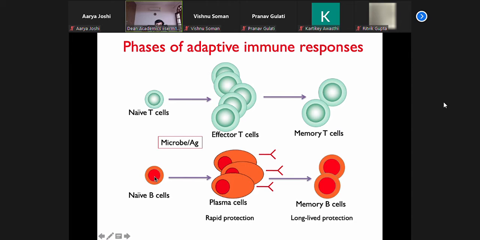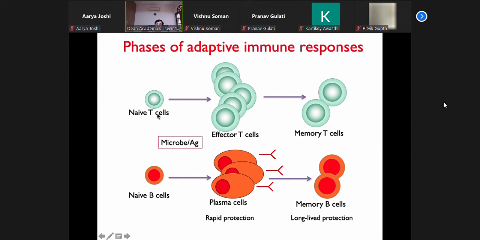They become activated, right? The activated B cells are also called plasma cells. These plasma cells make antibodies. Antibodies help neutralize the microbe or the antigen that was injected, right? And a pool of these effector cells or plasma cells that you generated from naive cells then become long-term memory cells and stay in your system almost for the rest of your lives, right?